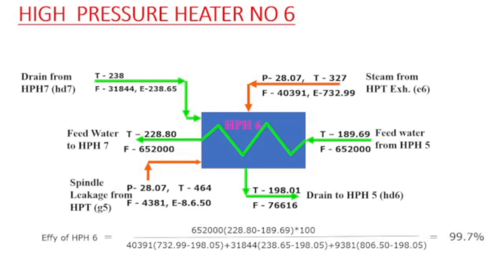The enthalpy is 586.350. The drain goes to the HP heater number 5. If you calculate the efficiency of HP heater number 6, it comes out to be around 99.7%.